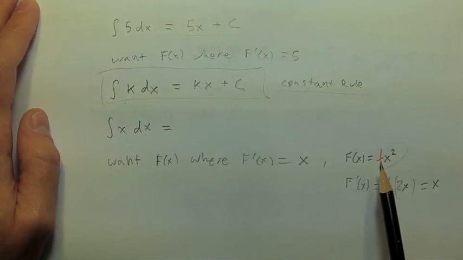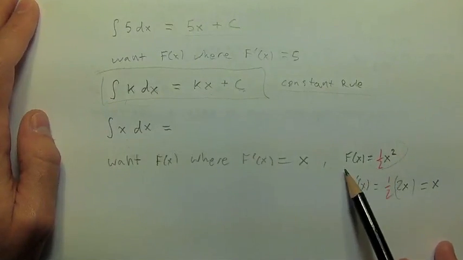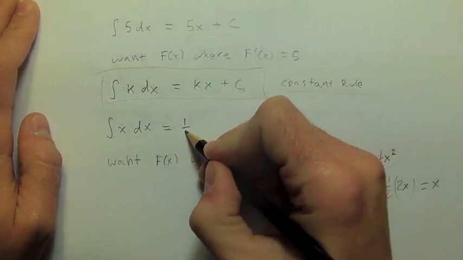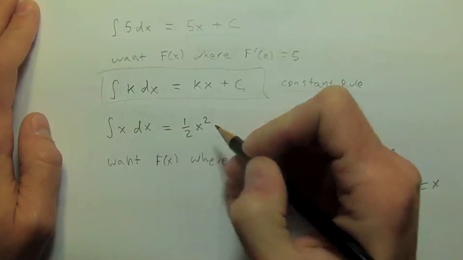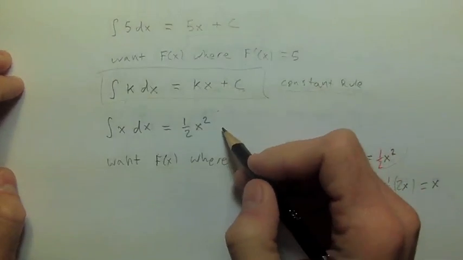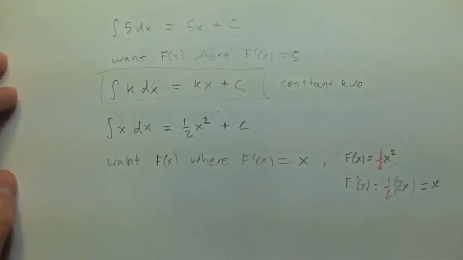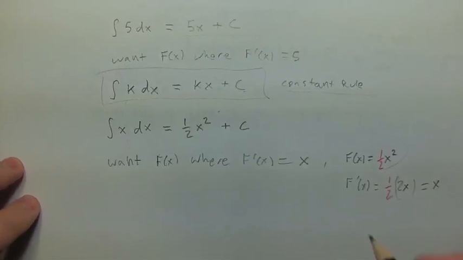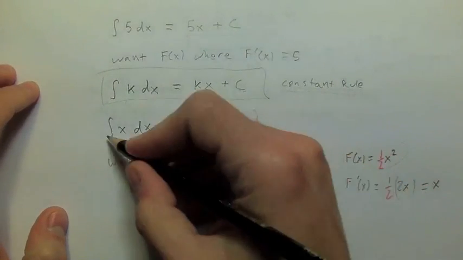So the antiderivative of x is 1/2 x squared, and then plus an arbitrary constant, right? That takes care of all of them. All right, so there's that.